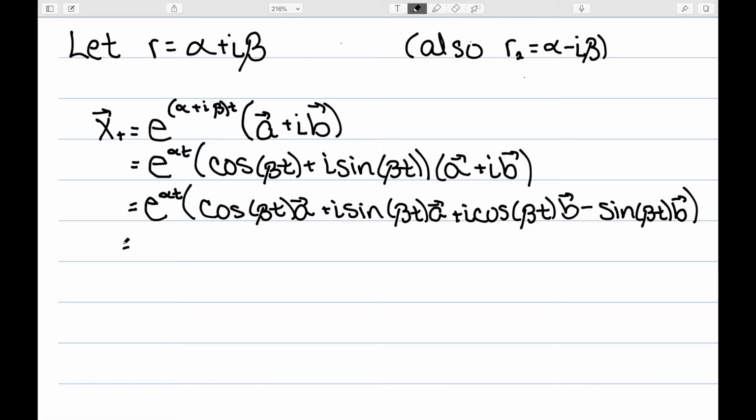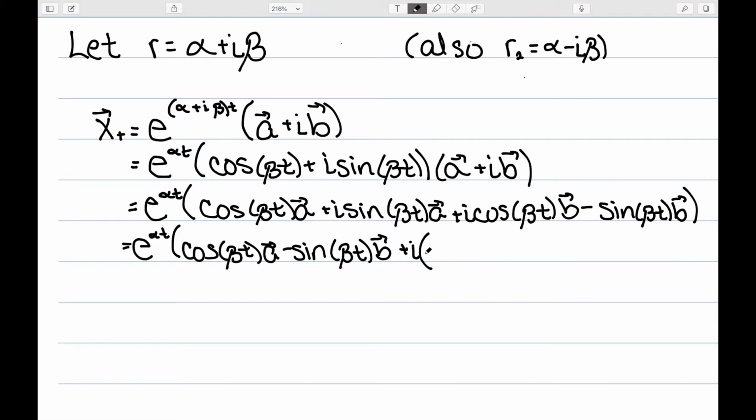I want to go ahead and regroup this so I have the real parts together and the imaginary parts together. So I'm going to rewrite it as cosine beta t a minus sine beta t b, plus i times sine beta t a plus cosine beta t b.